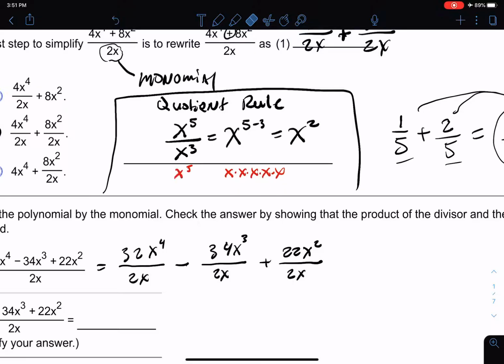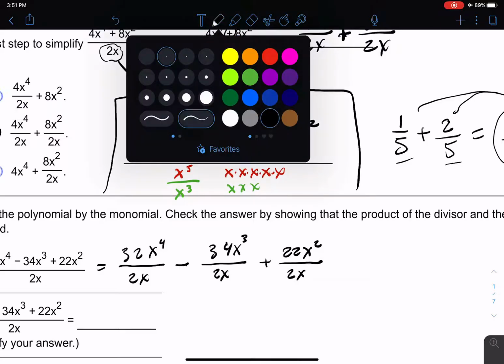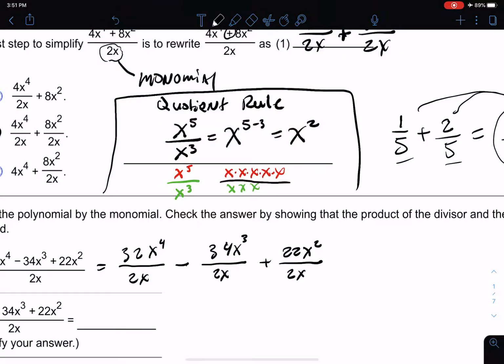And then if we had x to the third on the bottom, that's just x times x times x. They're actually the same variable.